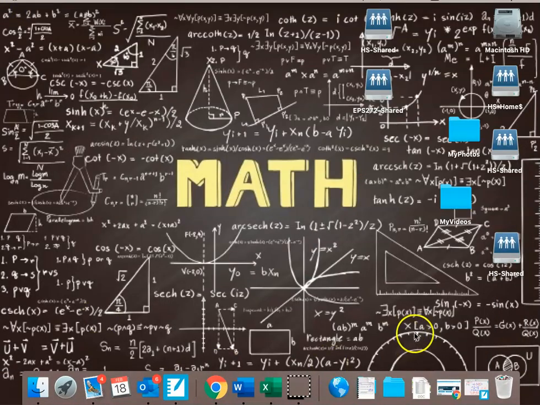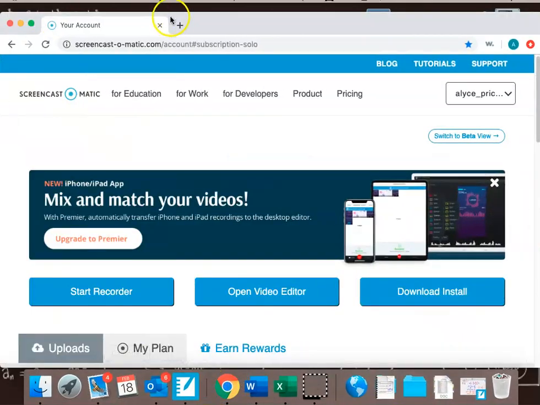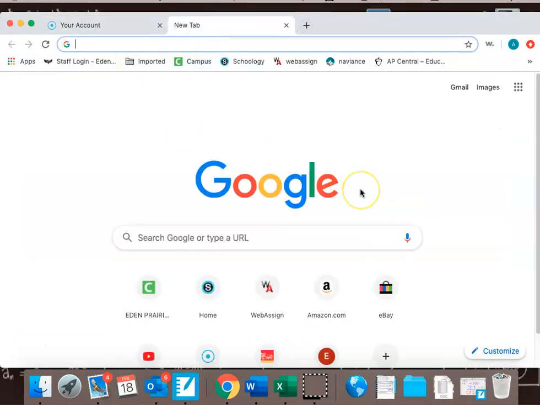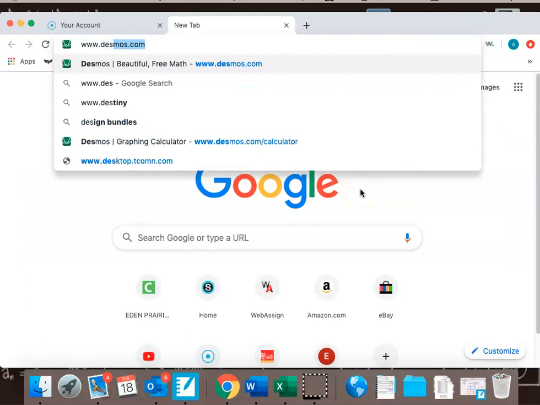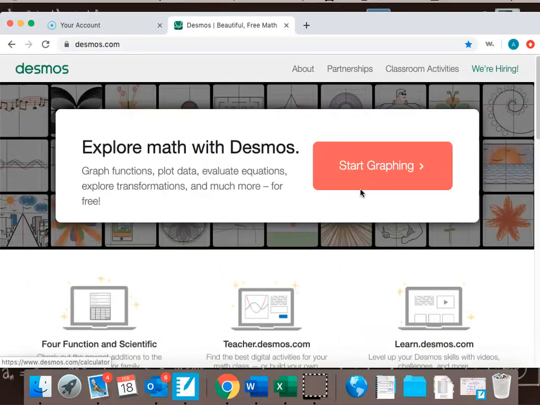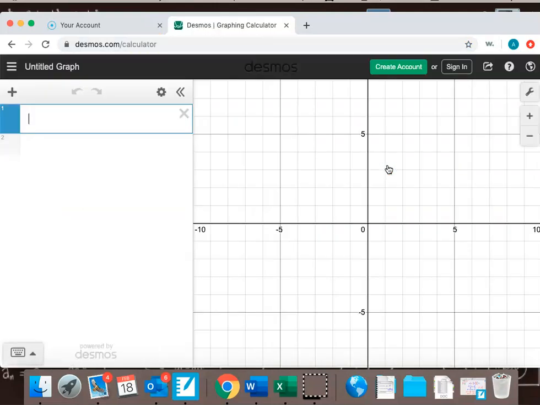All right, go to the internet, and I want you to go to Desmos. How many of you have used Desmos before? If you haven't, it's just desmos.com. The nice thing about it is it's so easy to use.